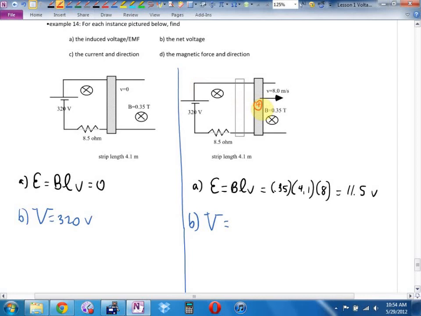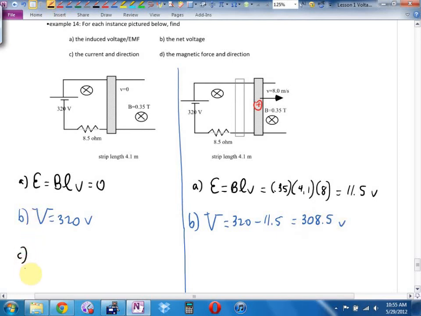Which way will that positive charge get pushed? I think it gets pushed against the battery this way, yes? So I will have a net voltage. My net voltage is going to be 320, take away 11.5. Isn't it? 308.5? Someone double check me. Yeah? I'll keep the extra sig figs because I'm going to be using this.